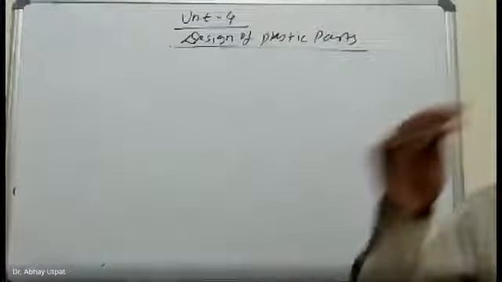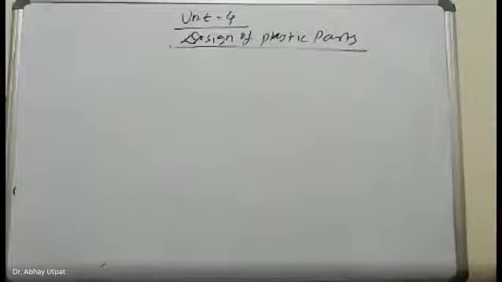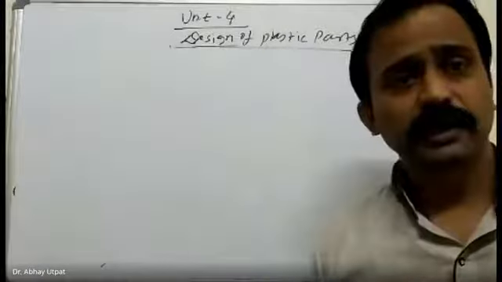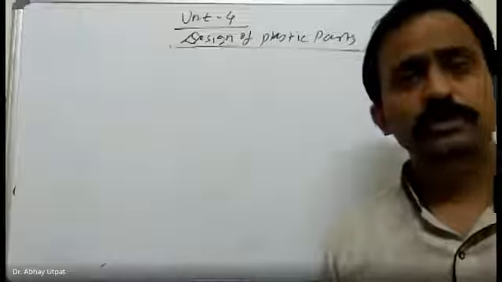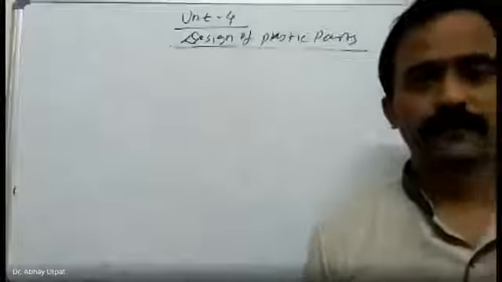So, instead of aim, I will use the word outcome. As per the procedure, the outcome of this topic is, at the end of unit number 4, students will be able to design different plastic components as per the requirement.